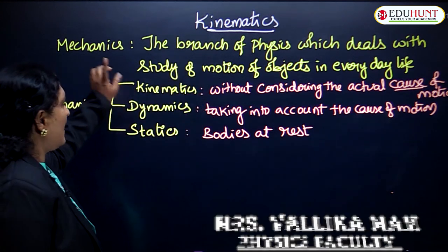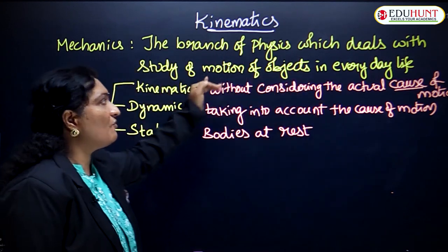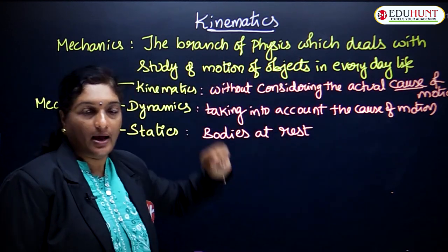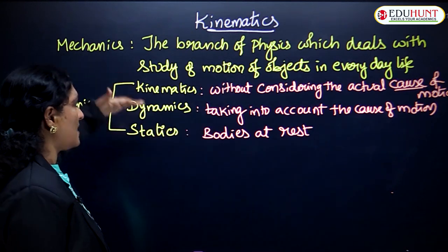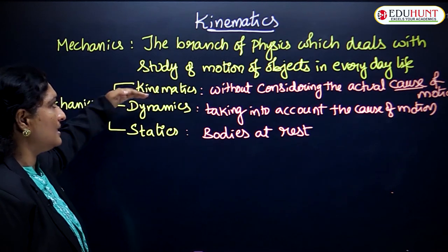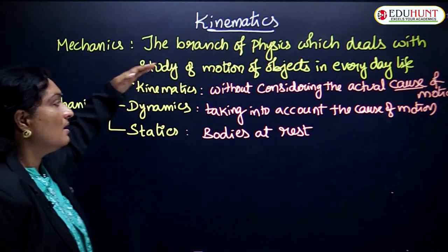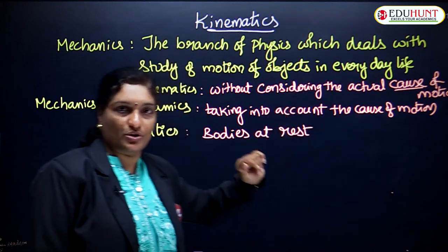So let us recall. Mechanics is the branch of physics which deals with the study of motion of objects in everyday life. And this is broadly classified into three categories: kinematics, dynamics, and statics. What is kinematics? The branch of physics which deals with the study of motion of objects without taking into account the actual cause of motion.